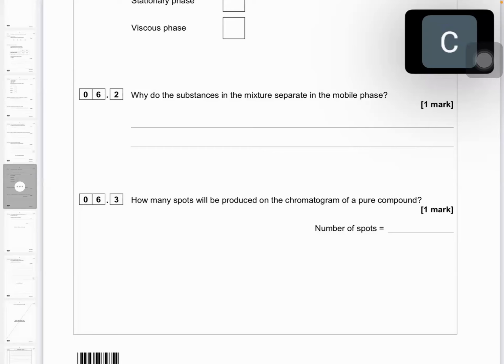So the number of spots or the number of rings shows how many compounds are in the mixture, because they will definitely expose themselves by moving at different speeds. Okay, I think we can go on to the next question.